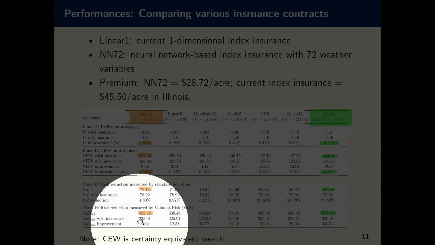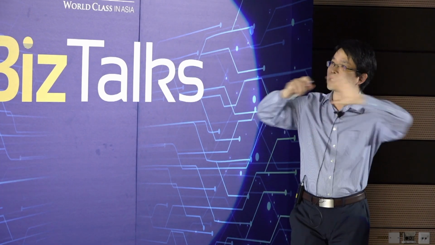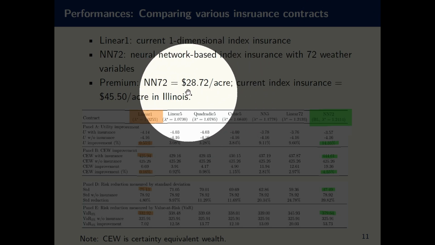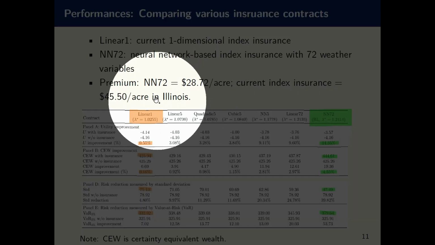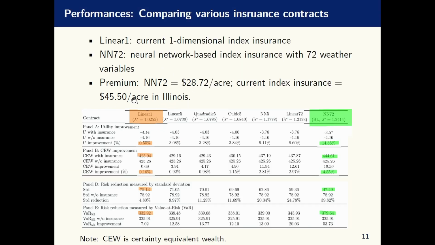If you look at the value at risk at the 5% level, the current contract has a value of $332, but our contract has a value of $379. So you see a huge improvement in performance. And more than that, our contract is much cheaper, with a premium of 28.72, while the current contract has a price of $45.50. So our contract is much cheaper than the existing contract.